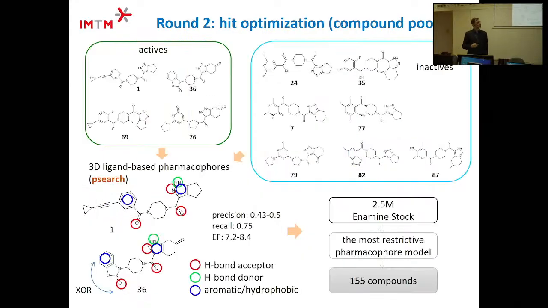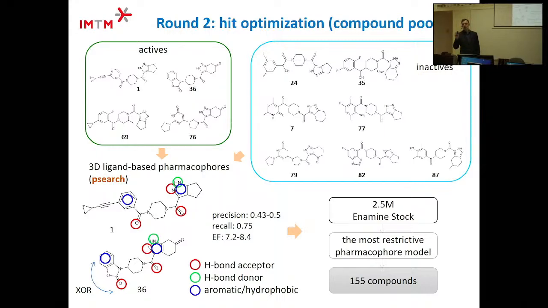And at the second stage, we applied several strategies to select those compounds with more favorable properties. Since we were already short on time, we applied 3 strategies. One of them was 3D ligand-based pharmacophores. So we had these actives, these inactives. We used our PSearch software for 3D ligand-based generation. It is very fast. It could help us identify some potential features.